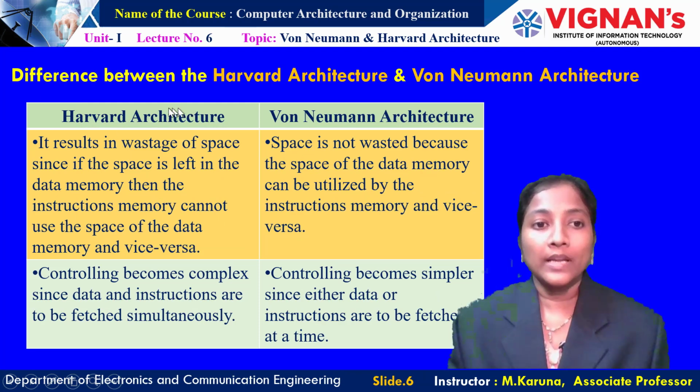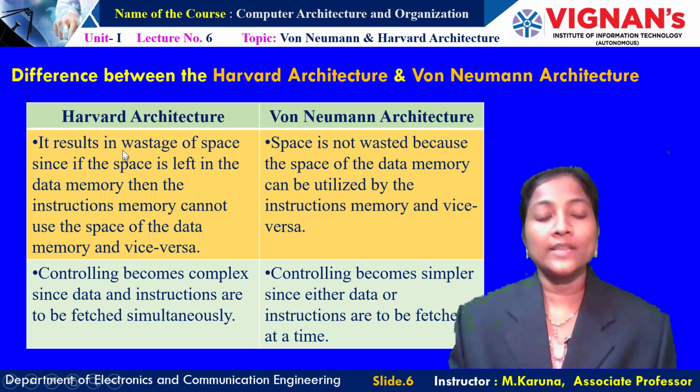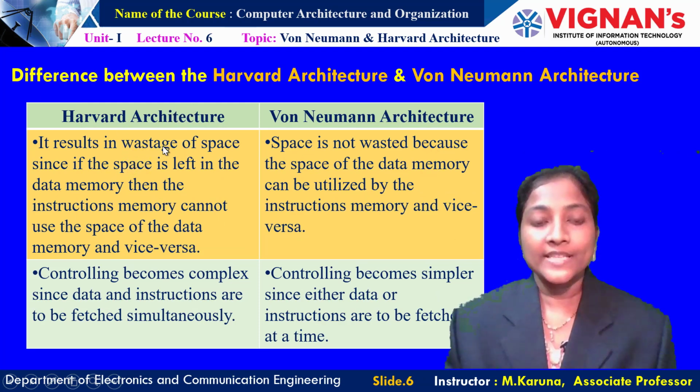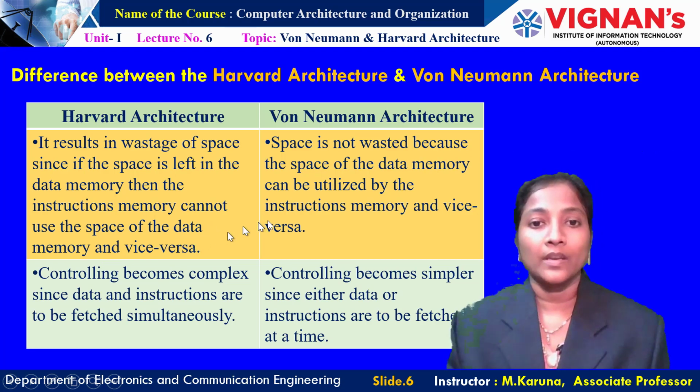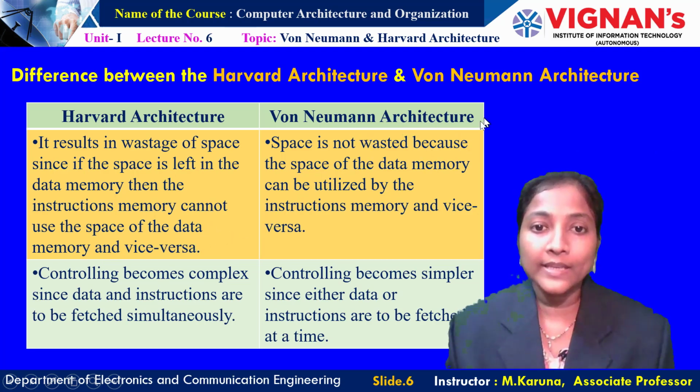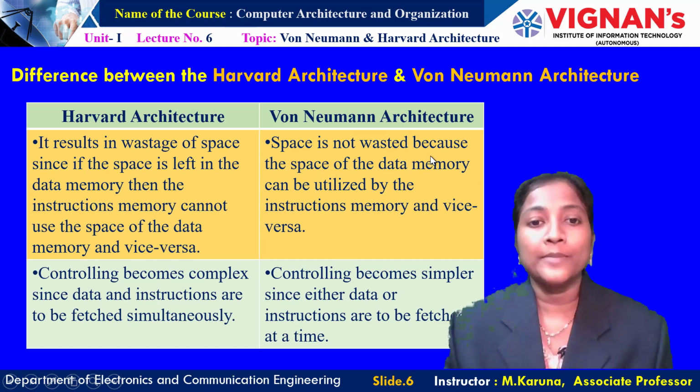Next, coming to the Harvard architecture, there is some wastage of space because space is left in the data memory, and the instruction memory cannot use the space of the data memory and vice versa. In the Von Neumann architecture, space is not wasted because the space of the data memory can be utilized by the instruction memory and vice versa.